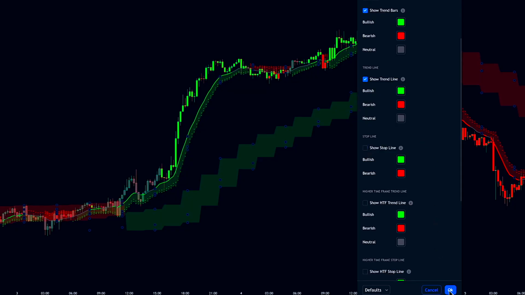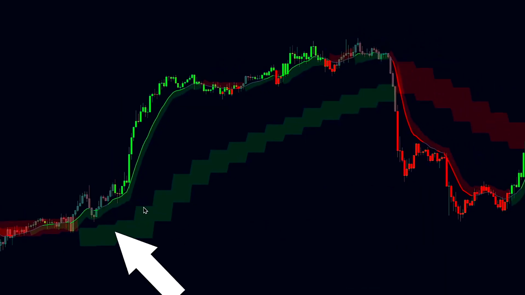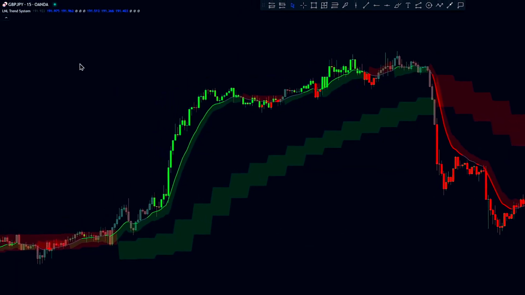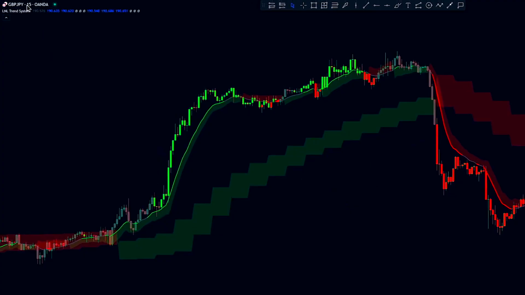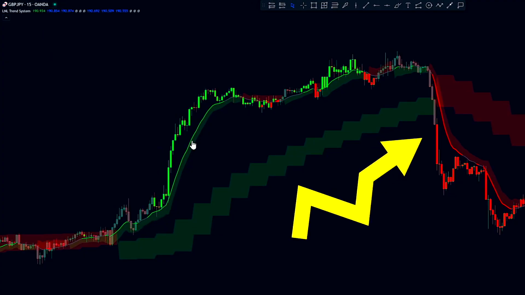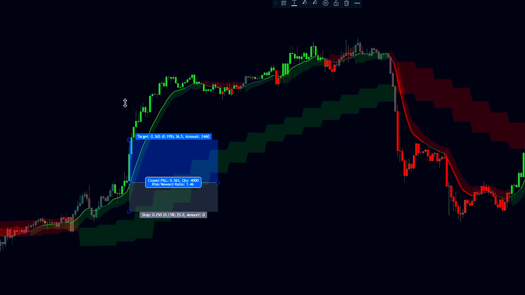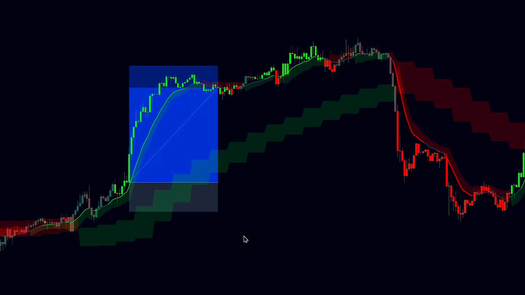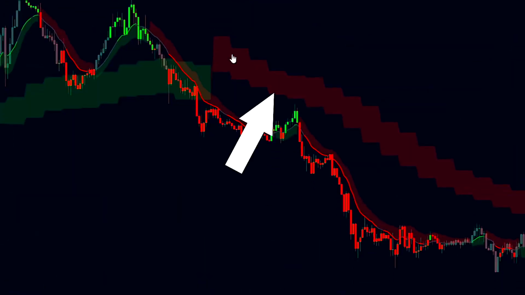Hit OK, and boom! Now, in spots like this, you can see the 2-hour GBP JPY chart is in a bullish trend. Over here, the 15-minute chart is bullish too. If I'm jumping into a trade here, I'm feeling pretty darn confident it will pay off because the trend's bullish on both time frames. Then, over here, both the 2-hour and 15-minute charts are bearish.